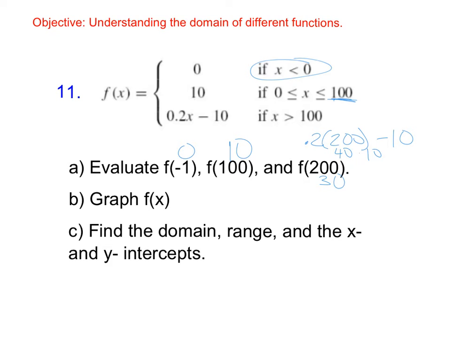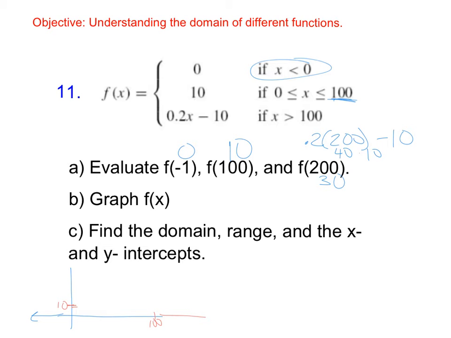Okay, so let's do a graph. I'm going to do it down here. So we've got 0. We're going up to 100. Let's extend that. And then this is 10.